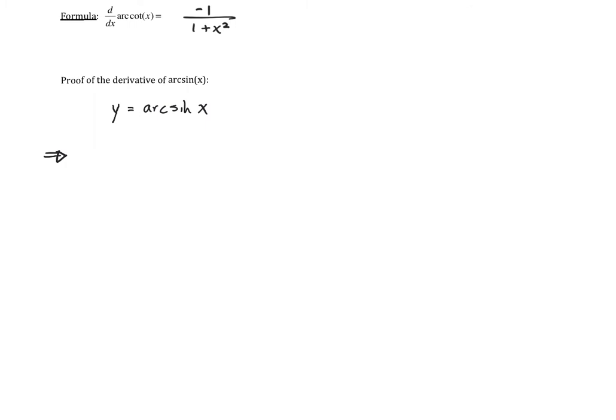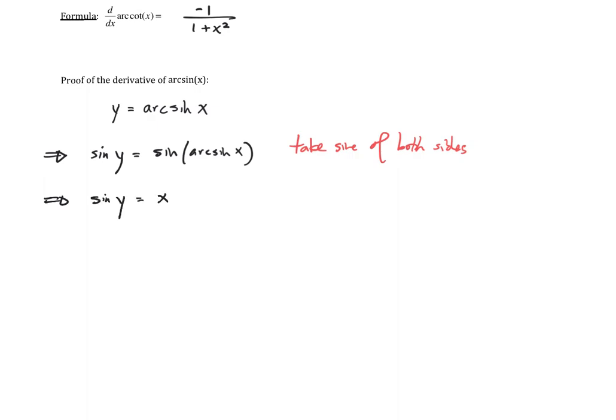So when we take sine of both sides, we get sine of y is equal to sine of arc sine of x. Next, I want you to notice that sine and arc sine are inverse trig functions of each other. So the right-hand side is going to simplify to just x. So this means that we've got sine of y is equal to just x.